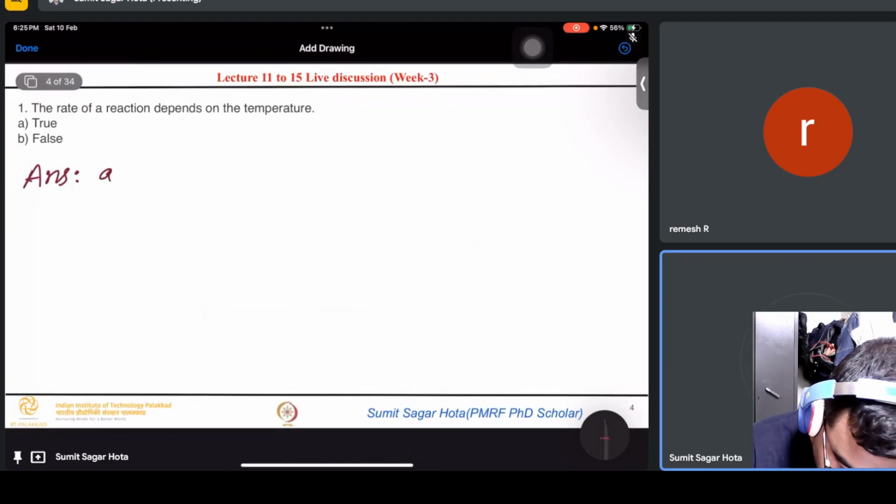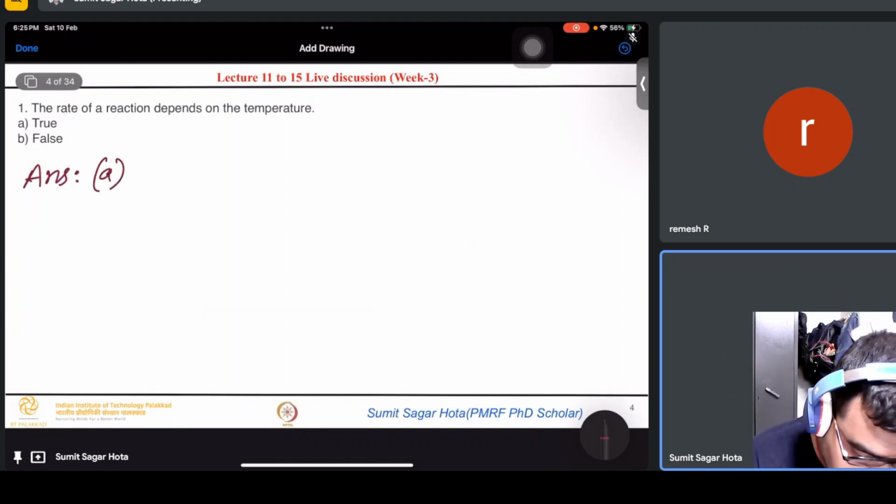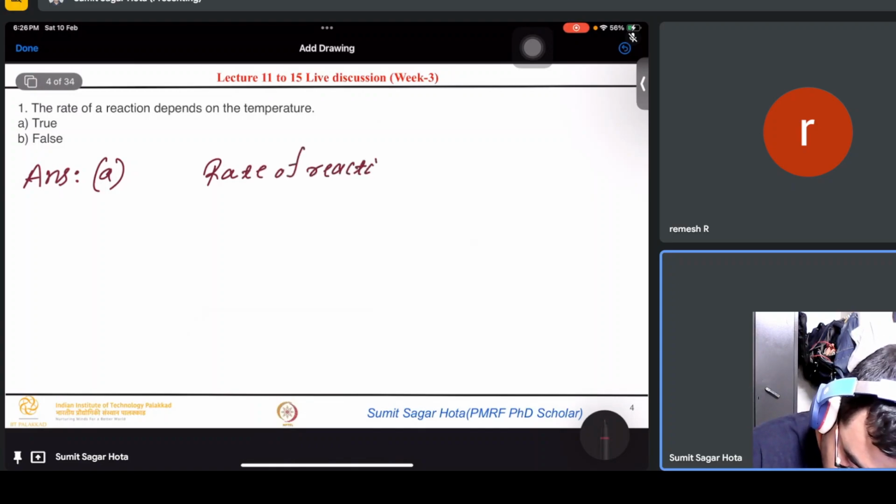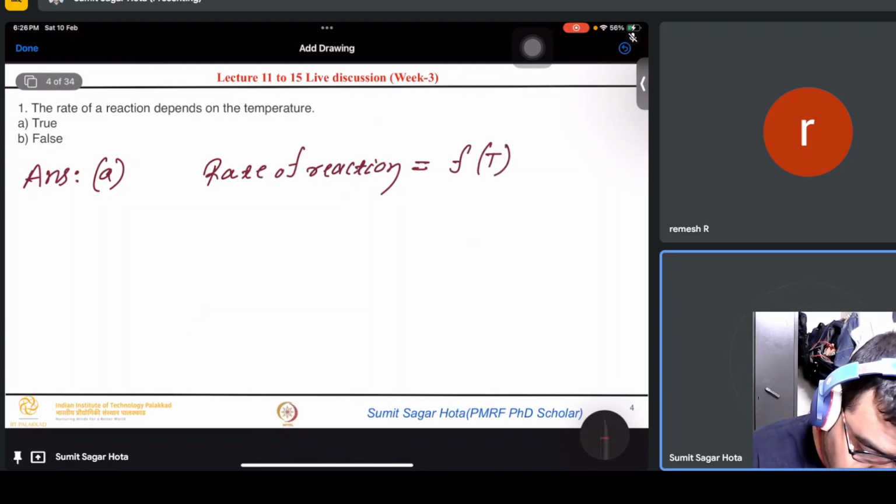Obviously the answer is... And the rate of reaction, that means the rate of reaction... and also one more thing I can tell.